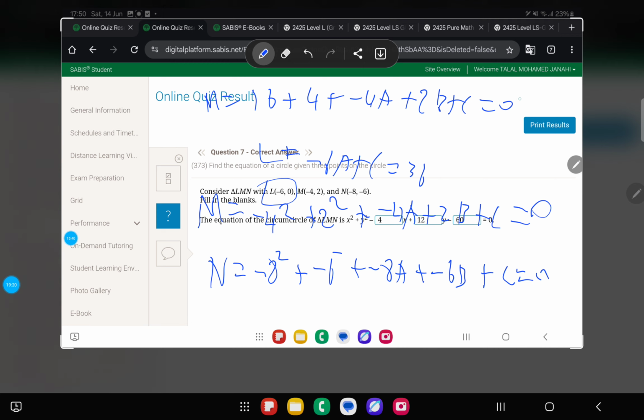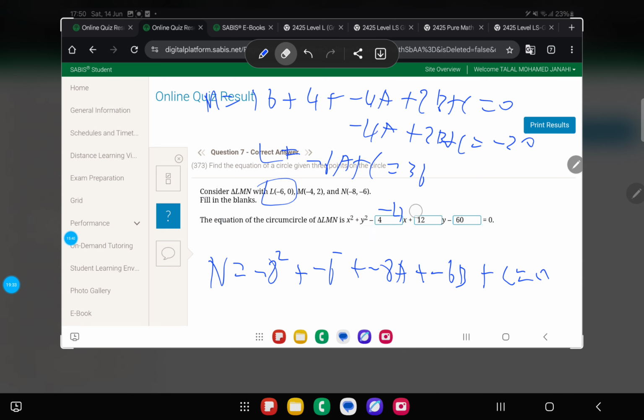So 16 plus 4 is 20. So we're left with negative 4a plus 2b plus c equals negative 20. That's for M. So M is negative 4a plus 2b plus c equals negative 20.